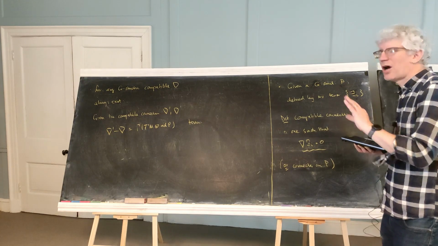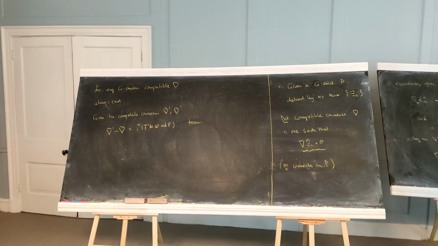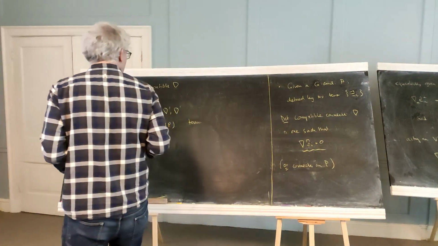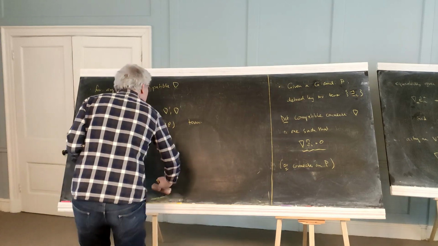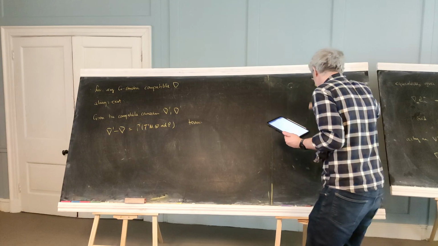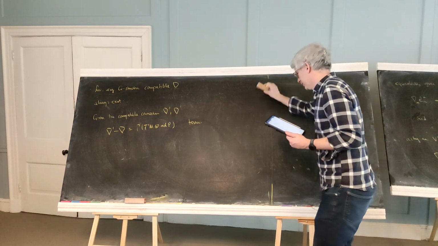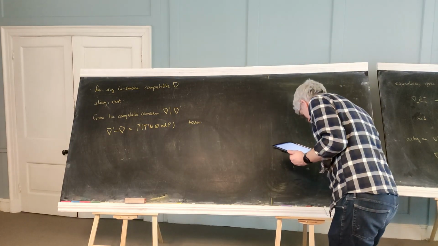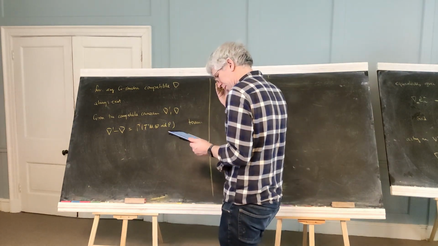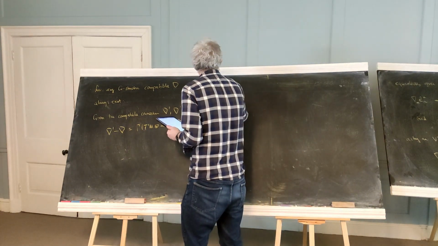So let me do an example, and let me say what we're going to be doing. Let me give you what the key idea is going to be, and then we'll start doing some examples that hopefully will help. So here's the key idea. The key definition.